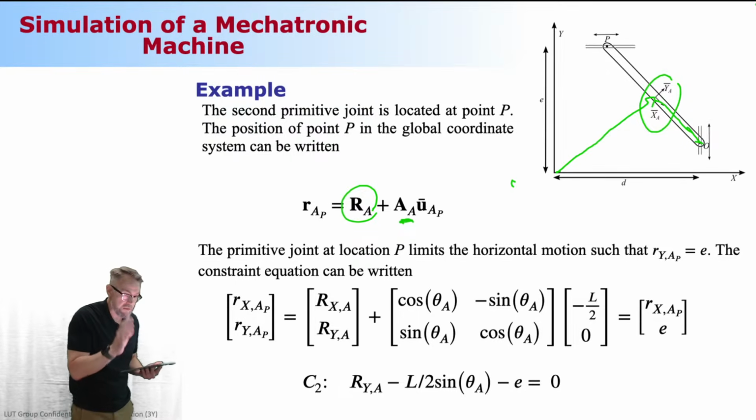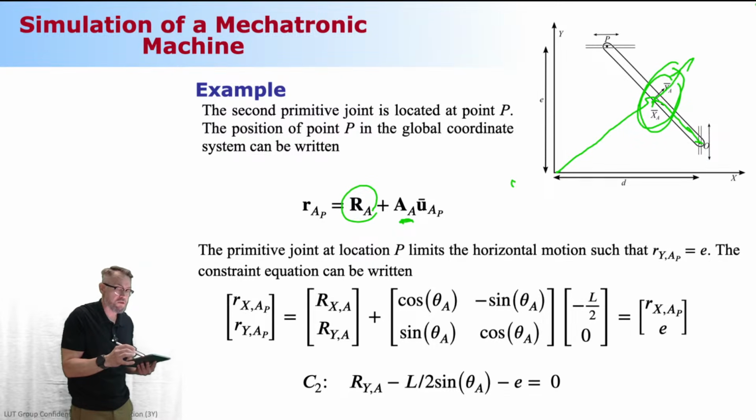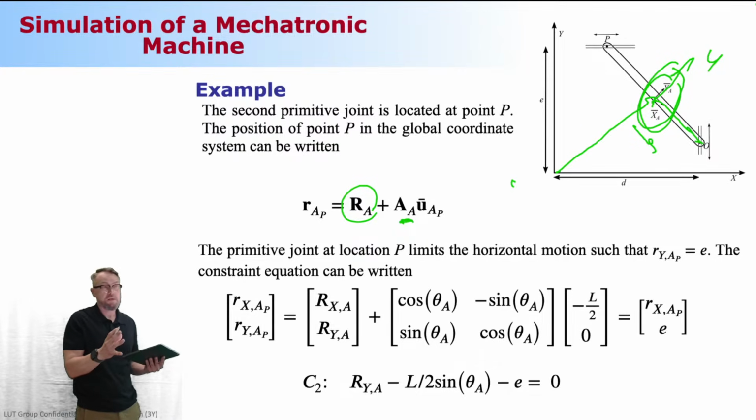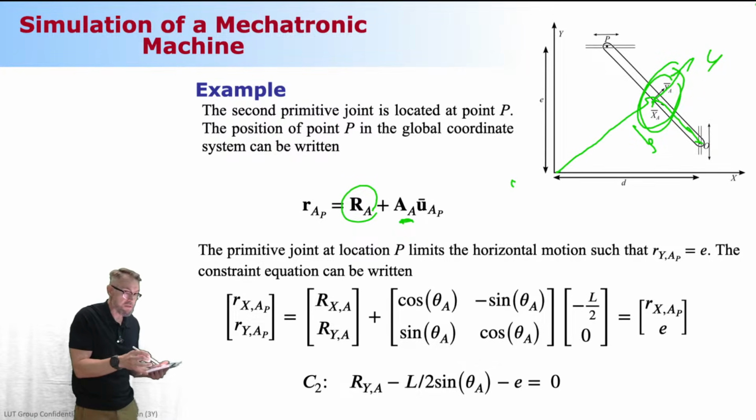The only difficult part is that I need to define my vector u bar. Look at how the body reference coordinate system is oriented. Y is pointing in the transverse direction. X is pointing in the axial direction. So how much do I need to move in the axial direction to reach this point?